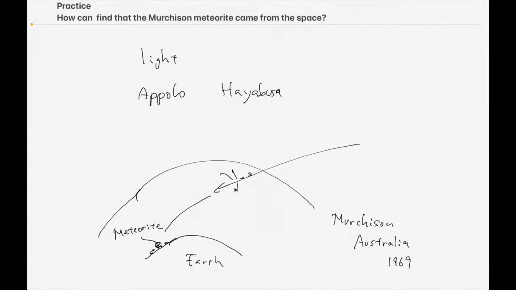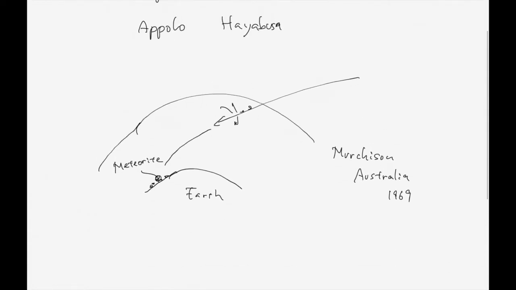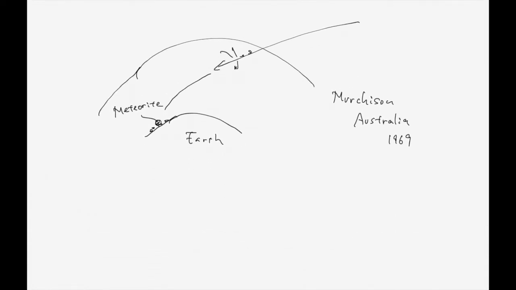It was carefully examined in laboratories and was shown to include a number of organic materials like amino acids. So the Murchison meteorite has amino acids. More than 50 amino acids found in the Murchison meteorite cannot be found on the Earth.